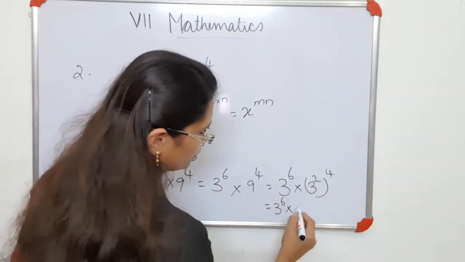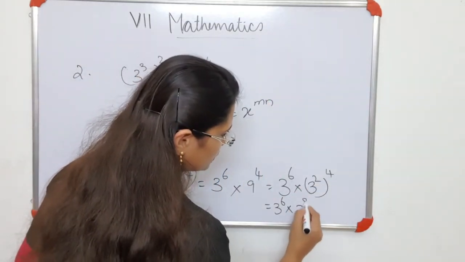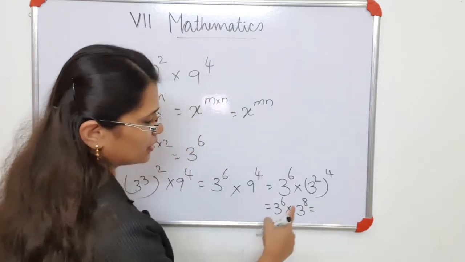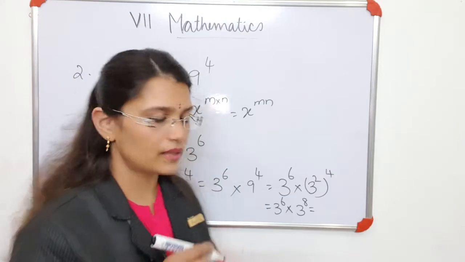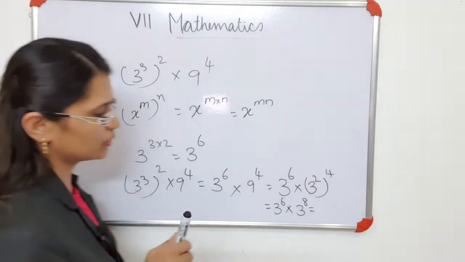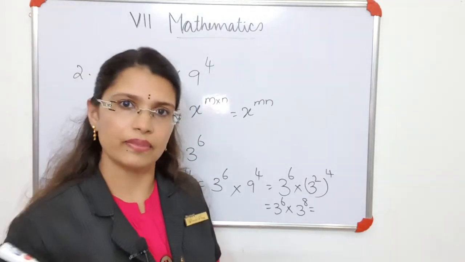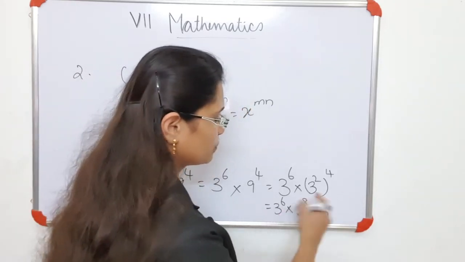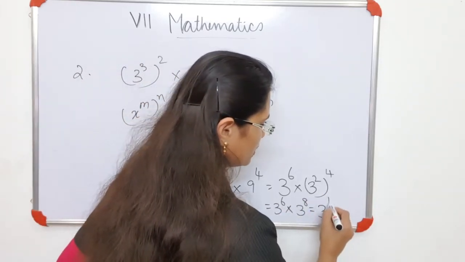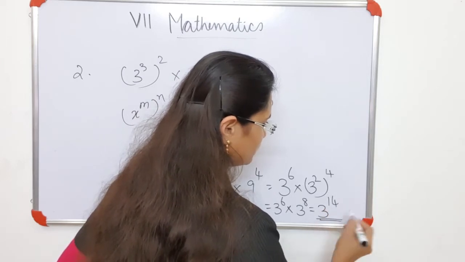So, 2 into 4 is equal to 8. So it is 3 raised to 6 into 3 raised to 8. x raised to m into x raised to n is equal to x raised to m plus n, like that. So, 3 raised to 6 plus 8 is equal to 3 raised to 14.